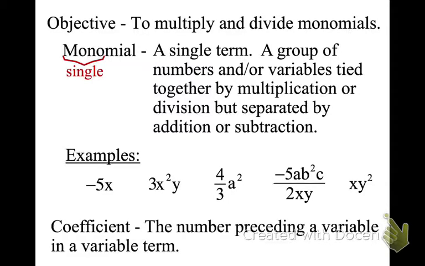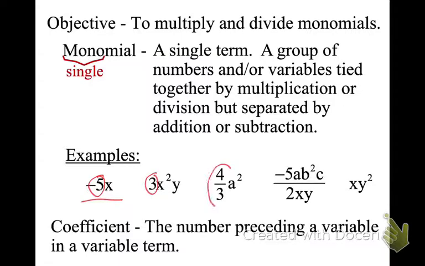The coefficient is the number that comes before the variable in a variable term. So, take a guess at what the coefficient is in the first term. That would be negative 5. The sign goes with it. In the second term, the coefficient is 3.